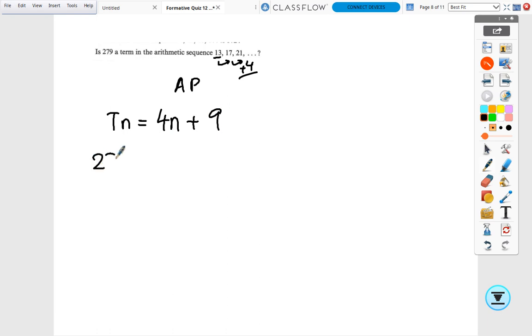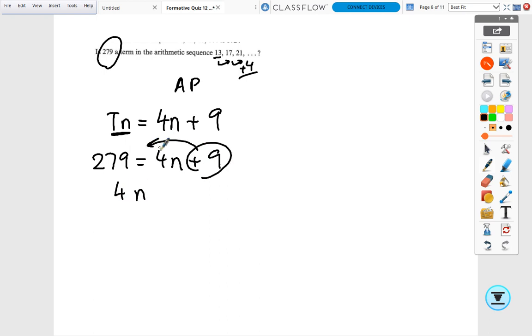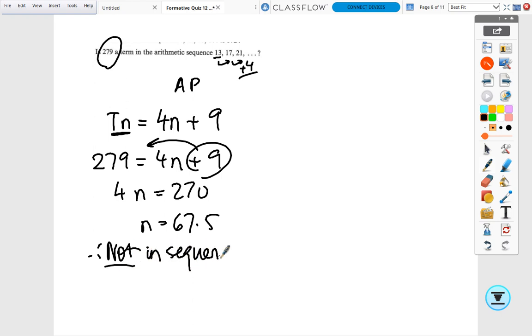Then 279 is the term, so you put 279, subtract 9 equals 270, and then 270 divided by 4 equals 67.5, so therefore not in sequence. N has to be a whole number.